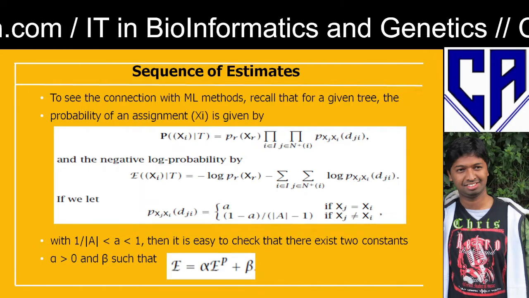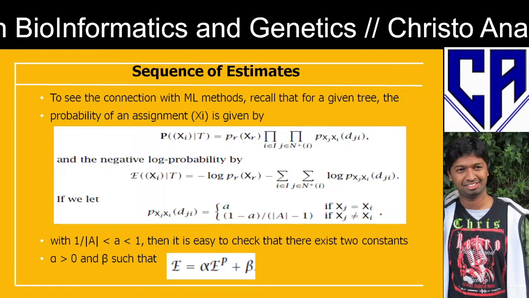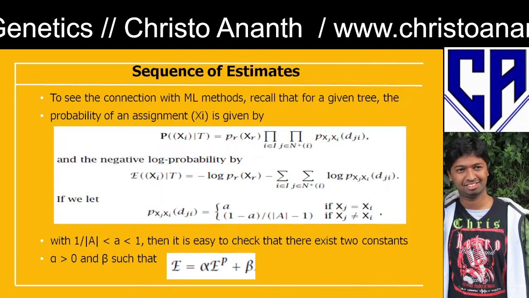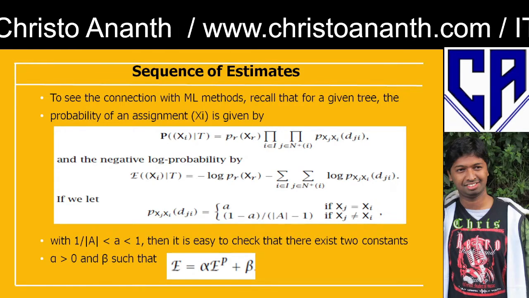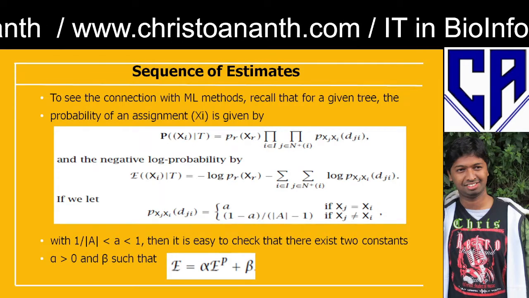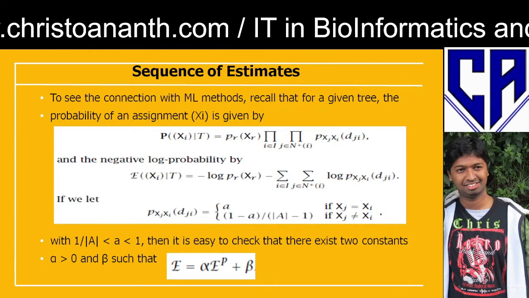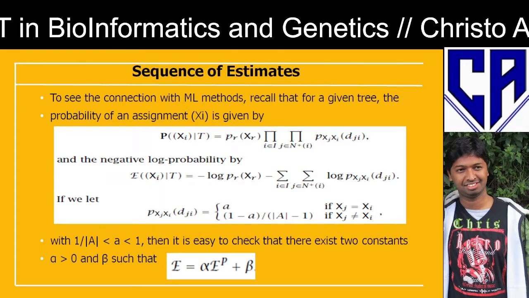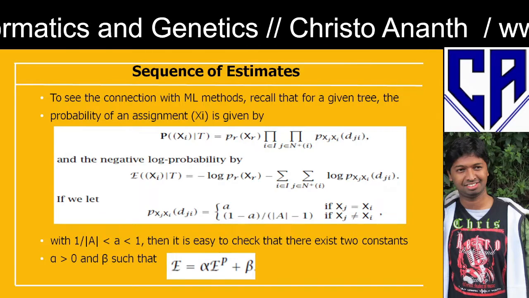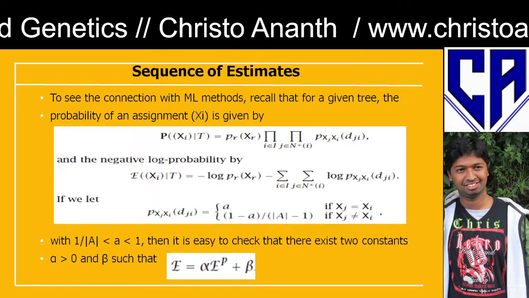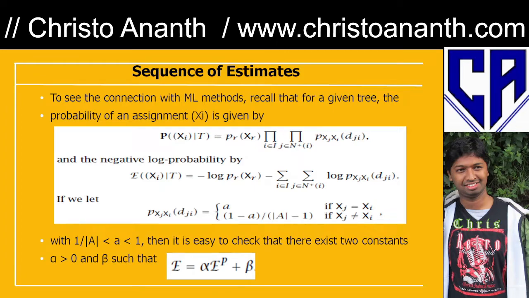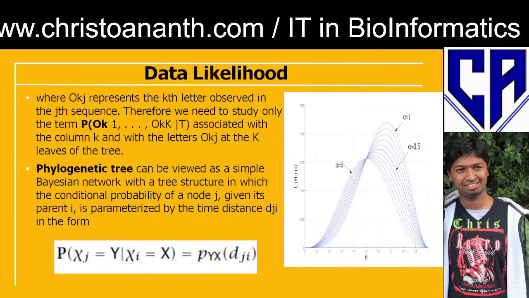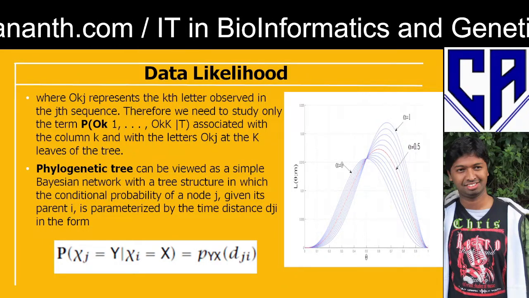We'll also have the negative log probability, E of xi given t, which is given by minus log PR of xr minus the summation, with i belongs to I and j belongs to n, of log of P of xj given xi of dji. So it actually comes from this one, P of yx of dji.